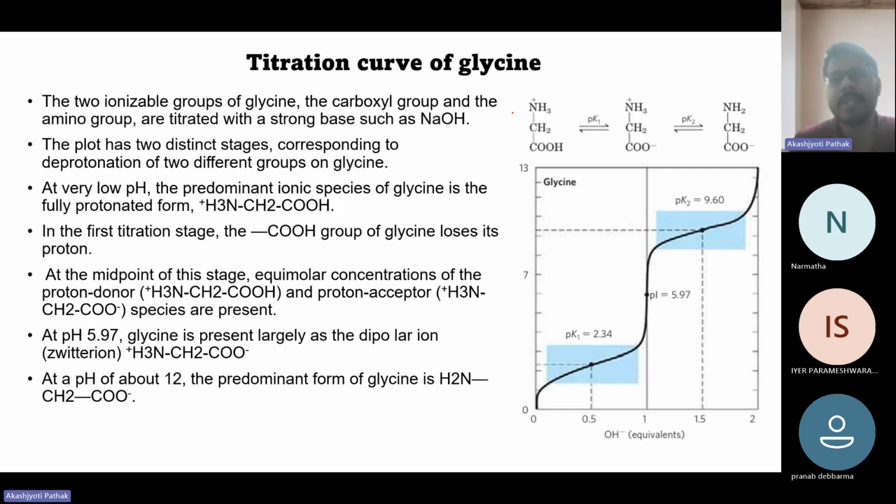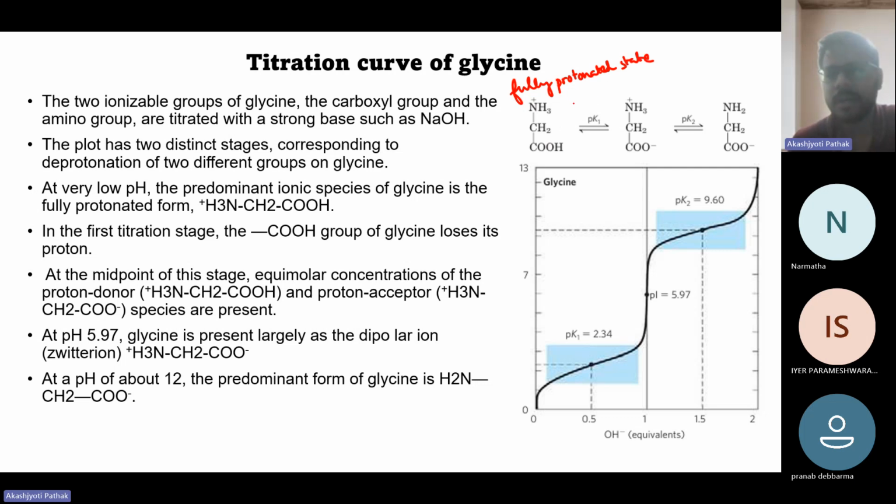At very acidic pH, both the NH2 group and the COOH group will accept a proton, and they will be fully protonated. So this is the fully protonated state.